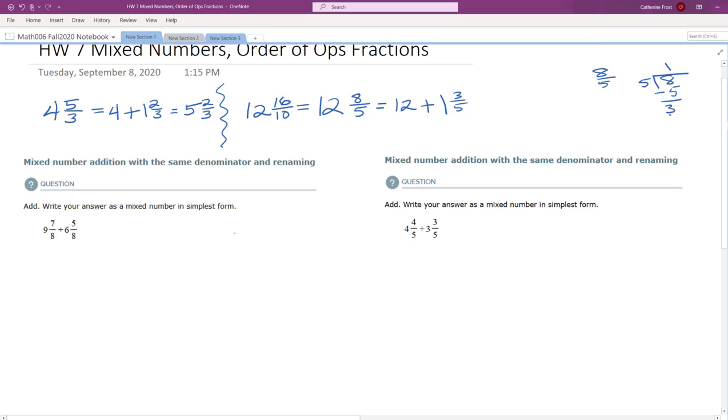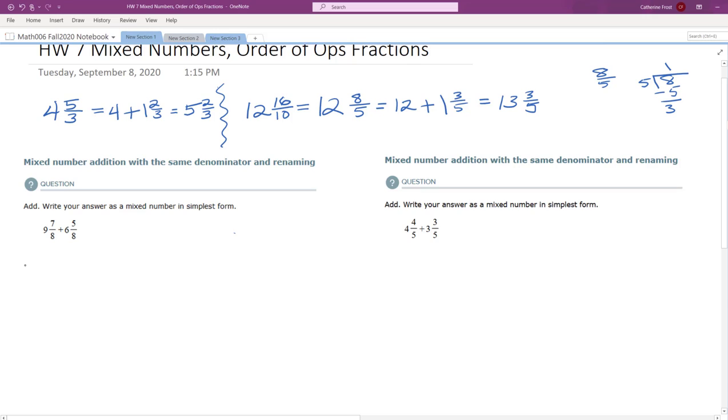The remainder is the new numerator, and you always keep the same denominator. So 1 and 3/5. Now 12 plus 1 is 13. So 12 and 8/5 is equivalent to 13 and 3/5. But this is considered simplified because the fraction 3/5 is proper.